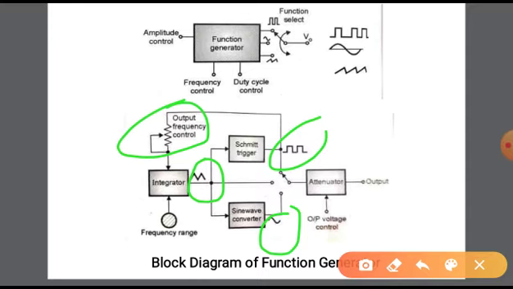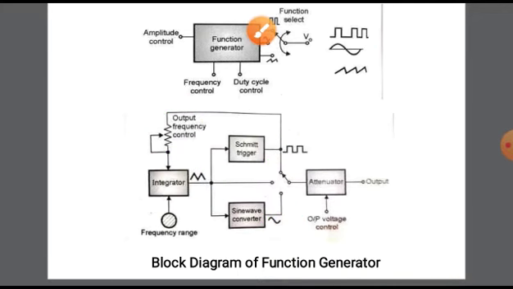The attenuator is always used to decrease the waveform amplitude as desired. The integrator requires an input in the form of a square waveform.